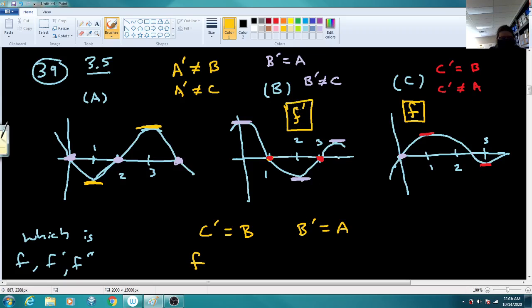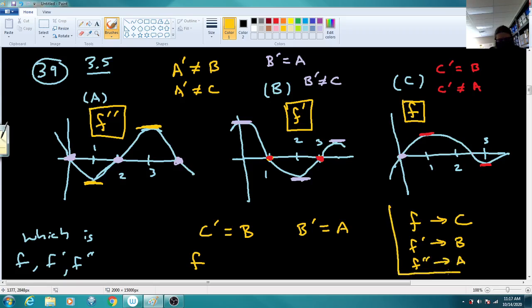And then when we take the derivative of B, that's A. So A is the F double prime graph. So we got basically F is C, F prime is B, F double prime is A.